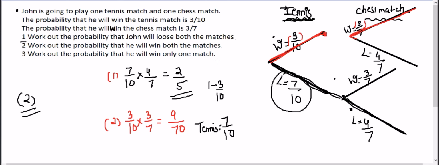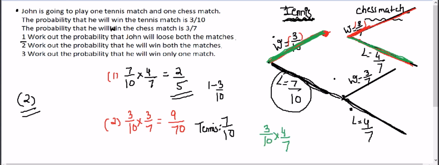So first, assuming he won the tennis match, he has to lose the chess match. This branch leads us to this branch, but we have to select the losing one, because they are talking about only one match. So if the first is winning, the second has to be losing: 3 by 10 multiplied by 4 by 7.